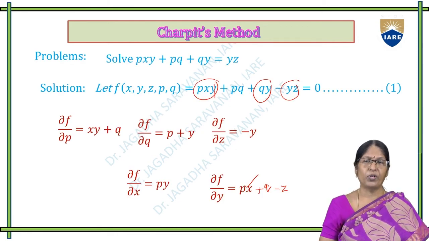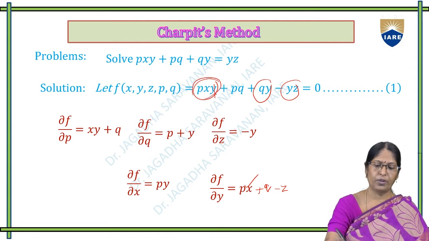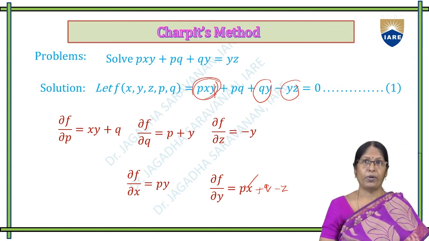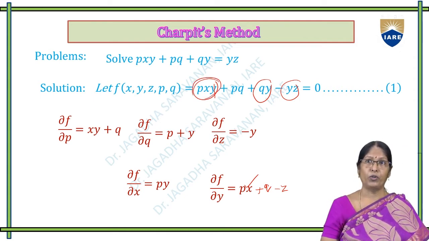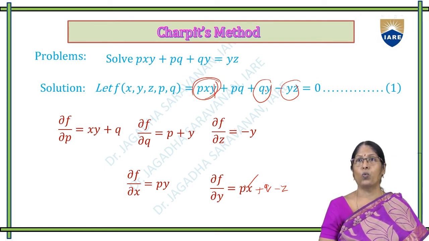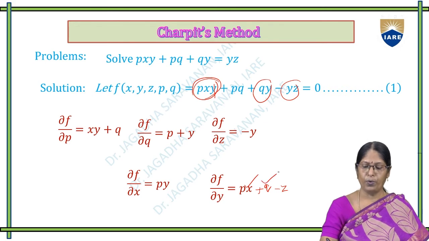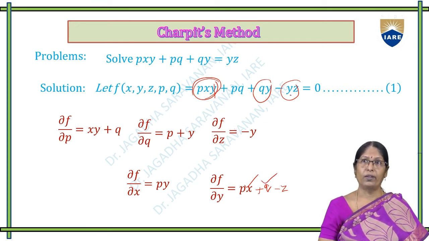Yes, now we obtained dou f by dou y. We searched in the equation where y is there. So here the term with variable y is there, that is 1. So 1 into px, and here also y is there. So 1 into q, and here y is there, that is 1 into z, minus z.